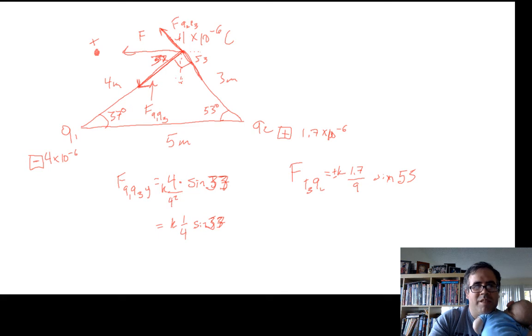Oh, calculate the magnitude. Oops, I missed that one. The electrostatic force on particle 3. Well, if we know these exactly balance out, we can kind of forget them. So we want this component of this one and this component of this one.